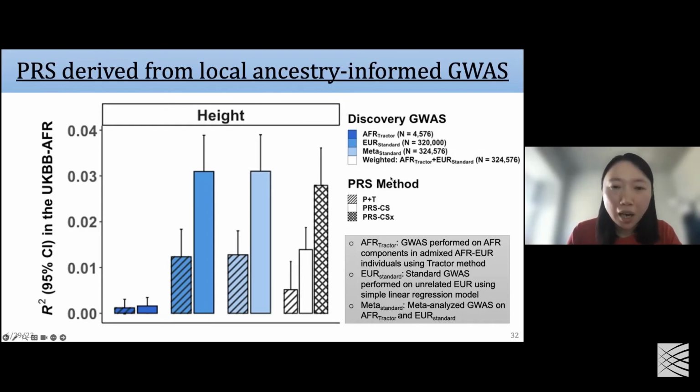One thing I want to highlight here is that we note the sample size of the African tractor GWAS is much smaller. It only has around 4.5 thousand individuals compared to the other 3 sets of discovery GWAS. And we are focused on those 3 methods and report the accuracy in the African.